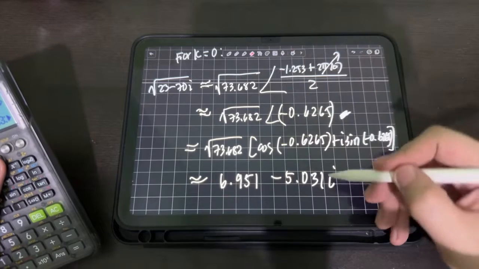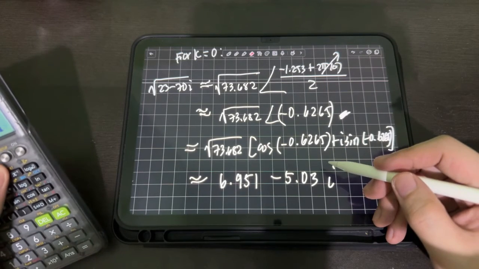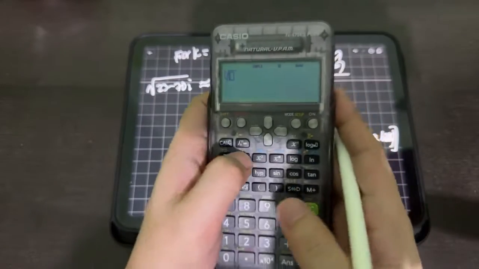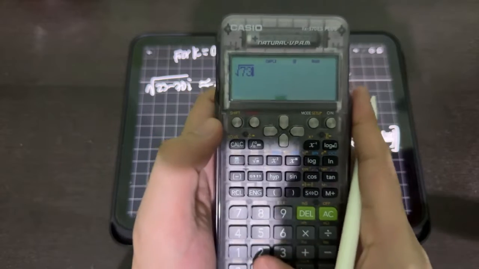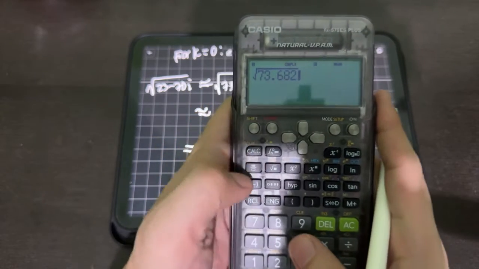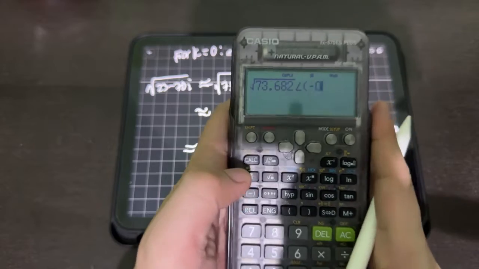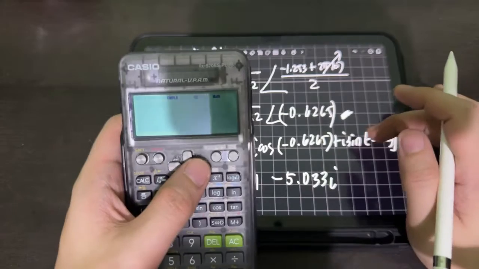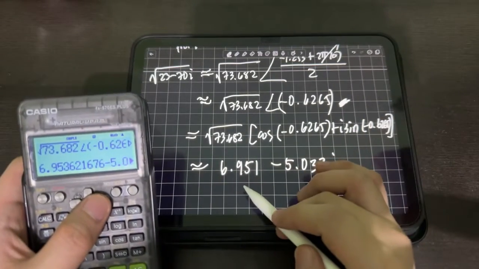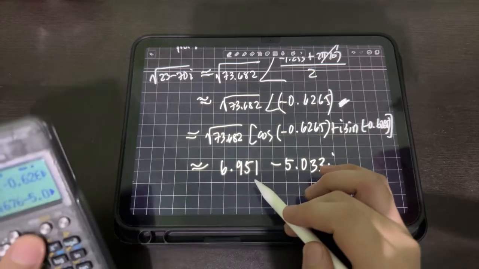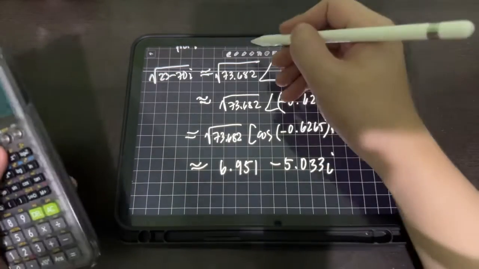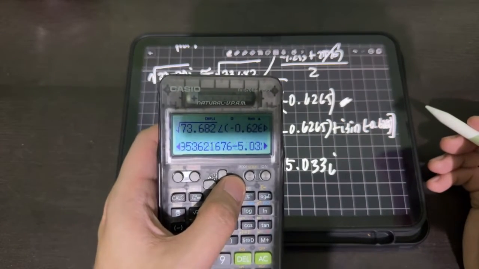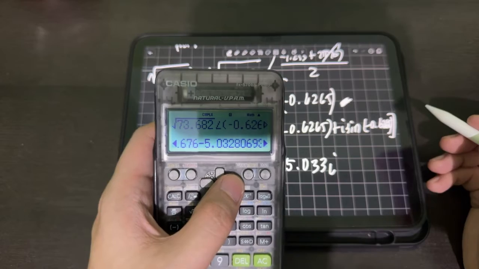Or should it be not 1, right? 33. The square root of 73.682 angle of negative 0.6265 is 6.954 minus 5.033i.